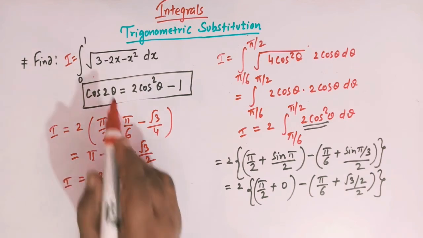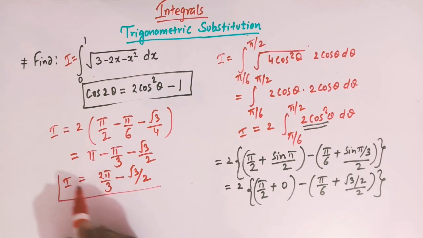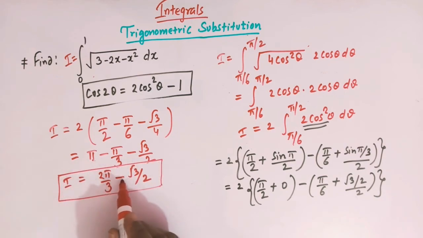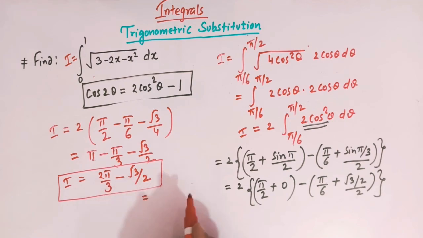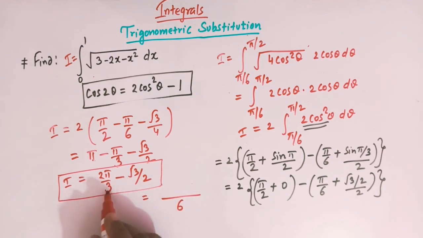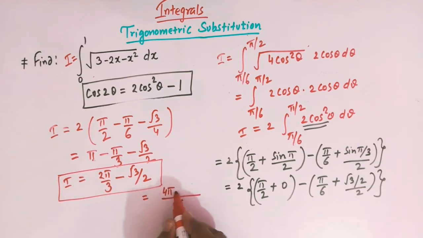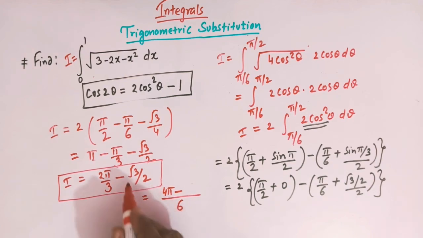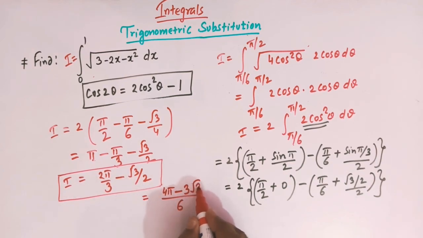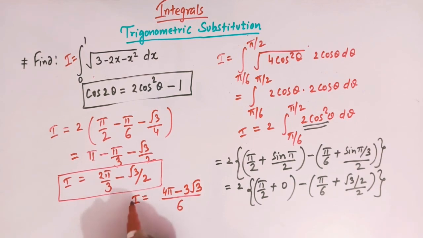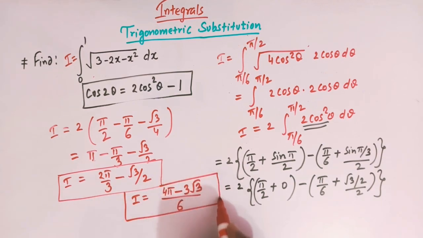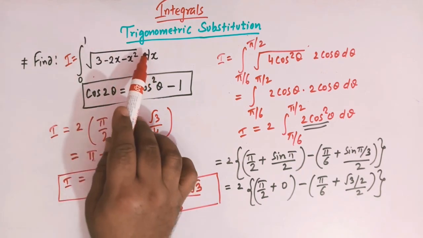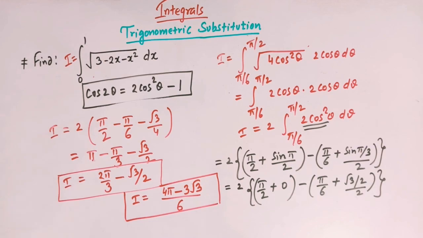So the value of this integral can be taken as 2 pi over 3 minus square root of 3 over 2, and this expression can also be written by taking the LCM of 3 and 2, that is 6, and here we have 3 2s are 6, so 2 2s are 4, so we have 4 pi minus, here we have 2 3s are 6, and we have 3 times square root of 3, right? So we can also accept this expression as the final answer for this definite integral, right?